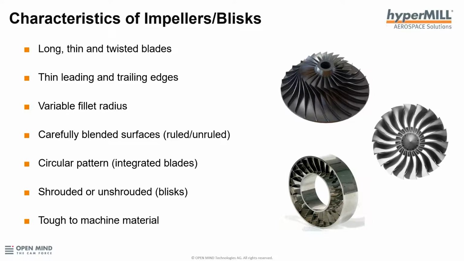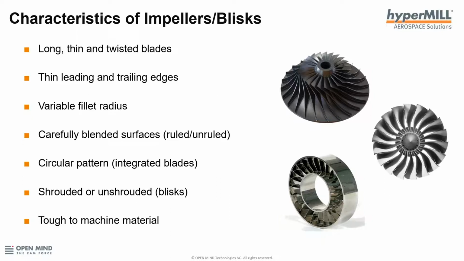So specifically for impellers and blisks, we have a minimum passage width with very thin and twisted blades. So depending upon the design, these blade surfaces can either be ruled or unruled. The leading and trailing edges can be, again, of different types with varying radii, aspect ratios, and thicknesses. So you have to make sure that you're considering all these things when you are programming a part.